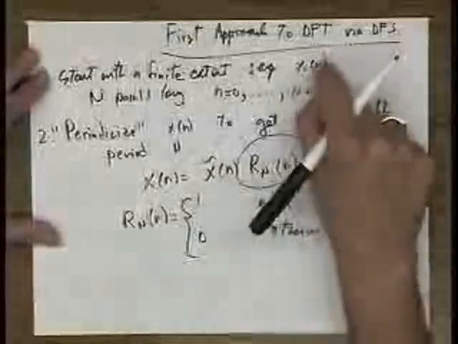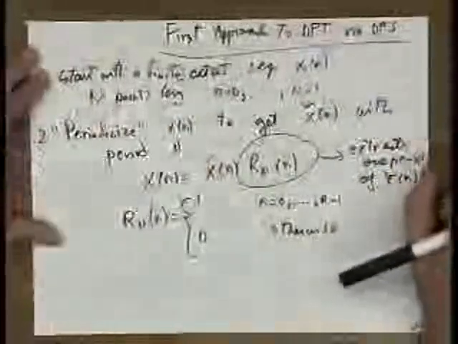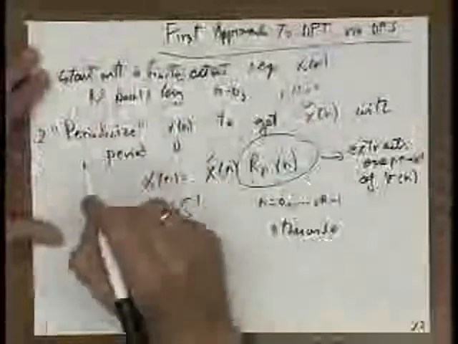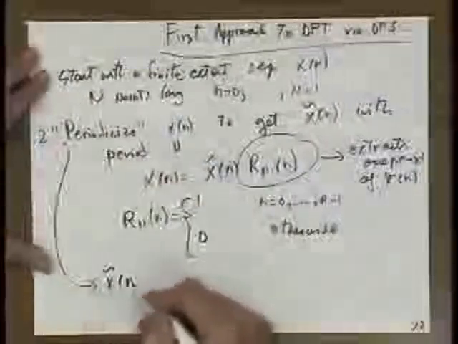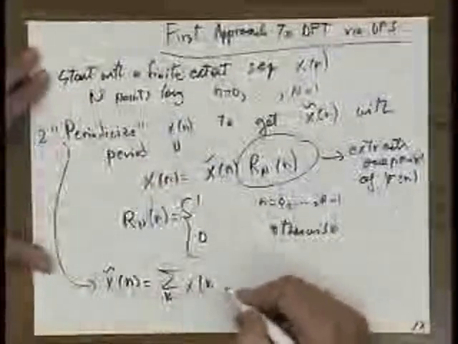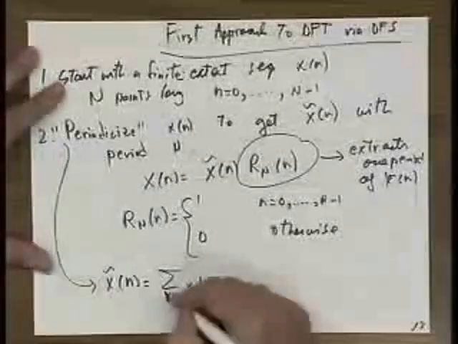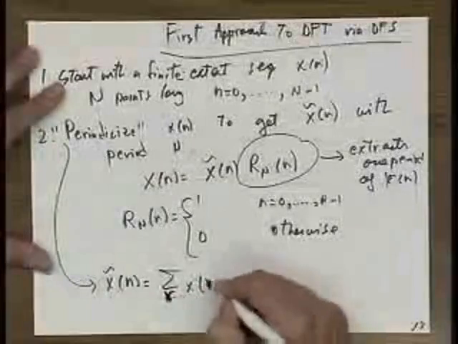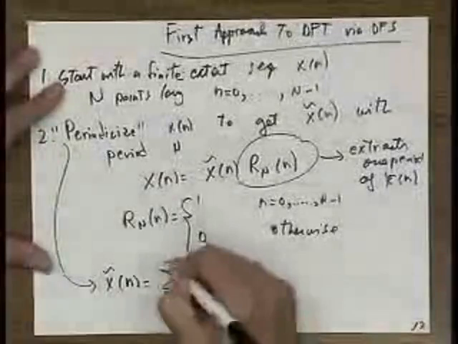So I start with my x of n, I make it periodic, that means replicated, right? So what does this periodization do? In other words, what's x tilde of n? Well, x tilde of n is summation over r, x of n plus rN, where r goes from minus infinity to plus infinity.